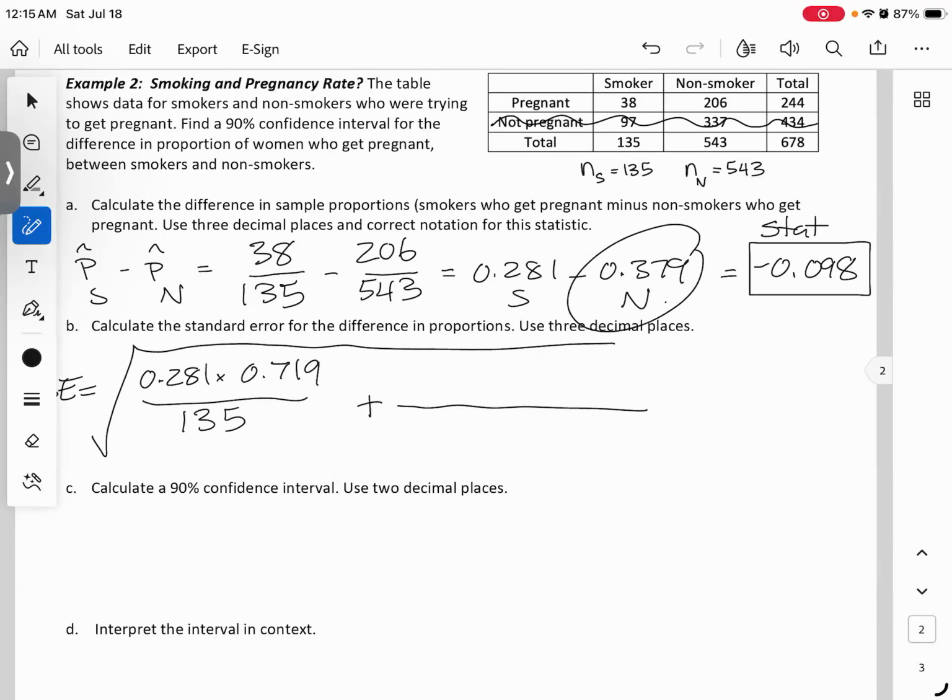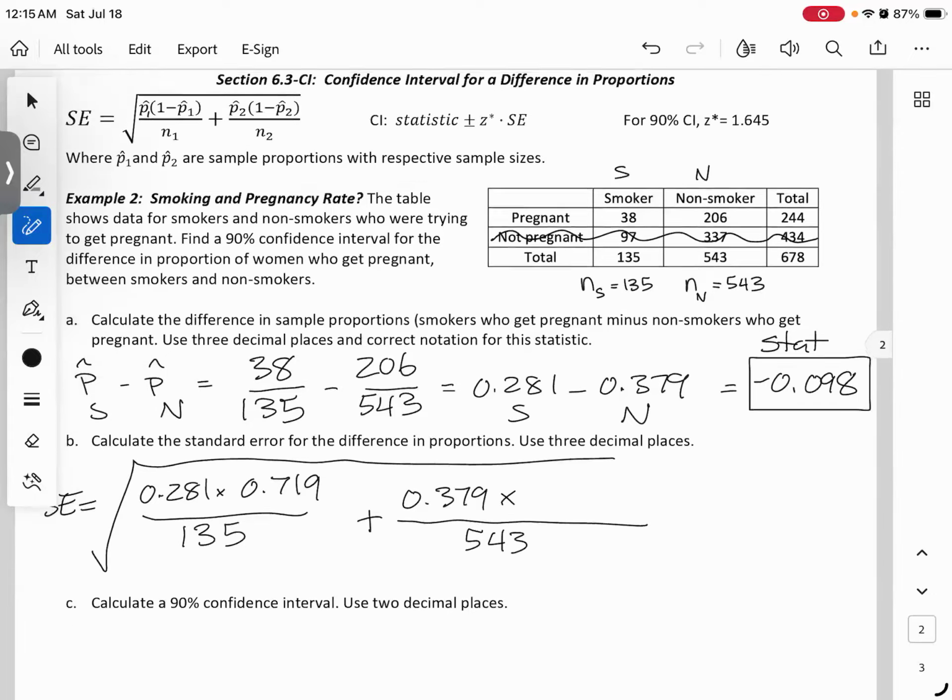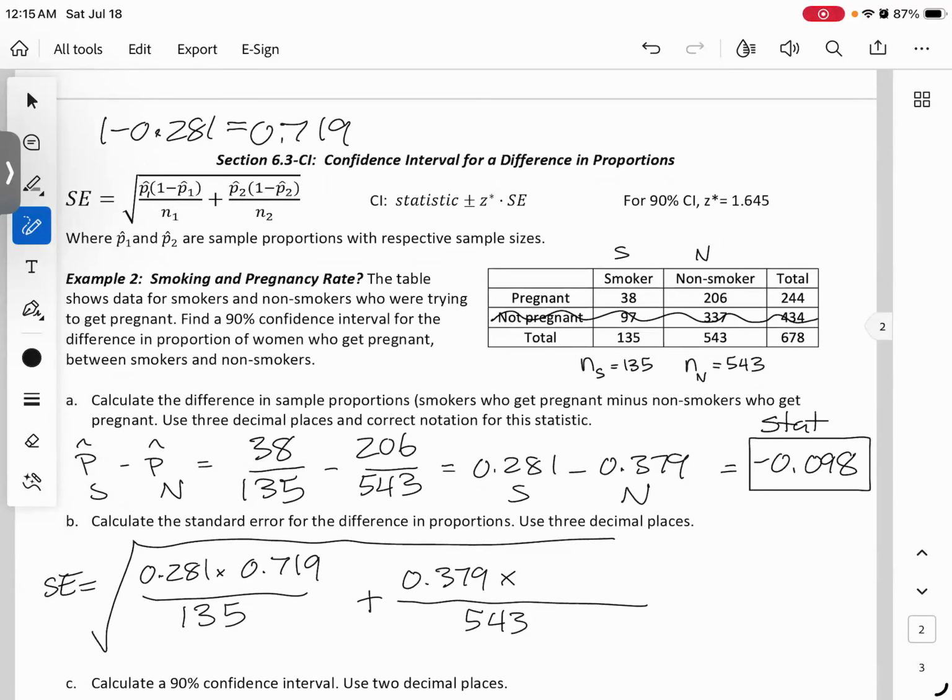And now let's focus on putting in the non-smoking information. So we have the 0.379. They had 543. And now we just need the complement. I'm going to do it way up at the top. 1 minus 0.379 is 0.621.